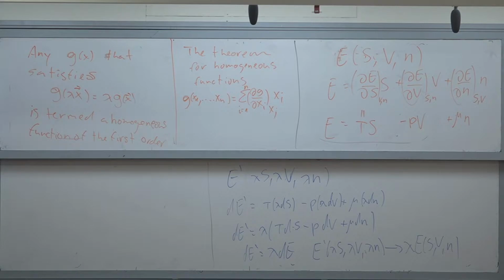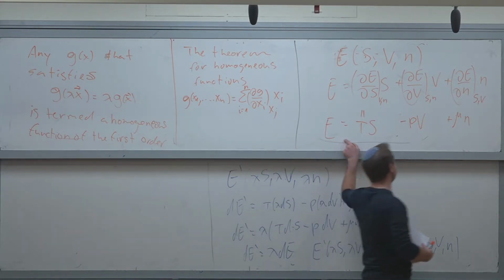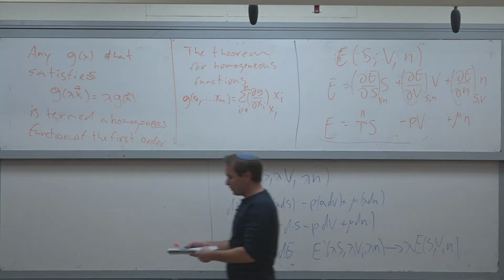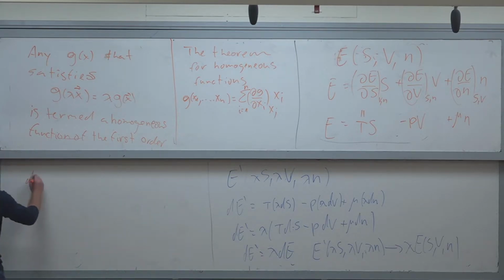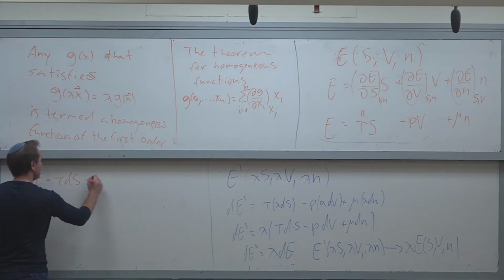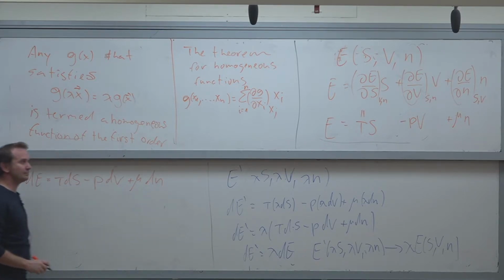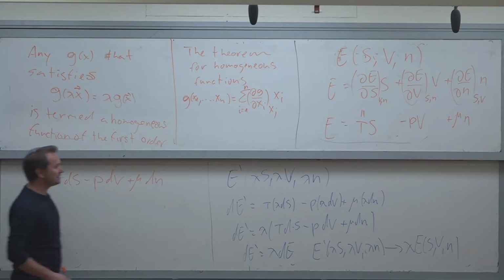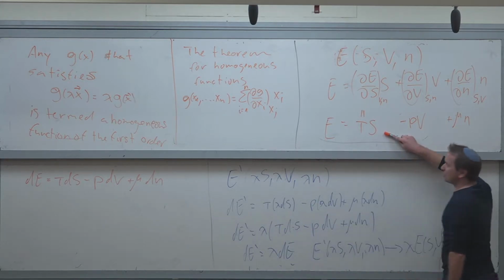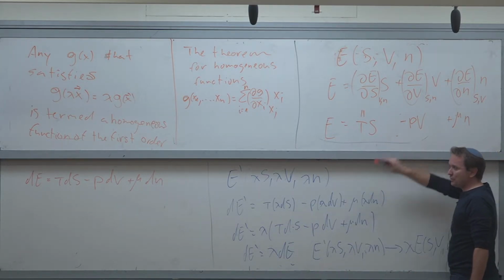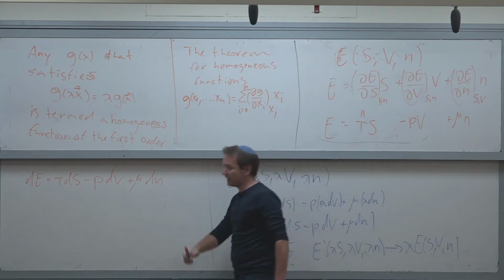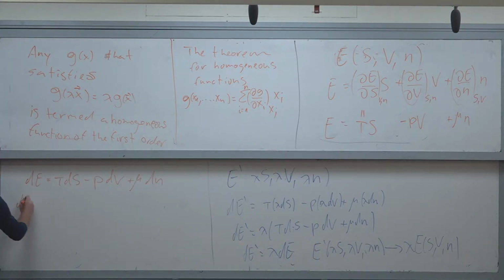Another equation that might be valuable afterwards. First of all, we know that E satisfies this equation over here. On the other hand, we know that dE is T dS minus P dV plus mu dN. This is our starting point. But let's take the differential of this expression and compare it to the equation on the right hand side. So what is dE?